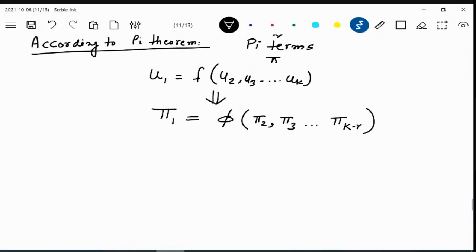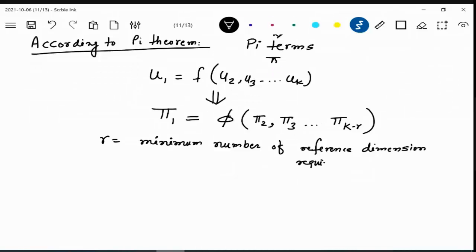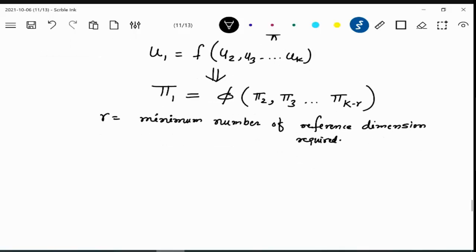So what are the terms here? r is the minimum number of reference dimensions required. Don't worry if you are not getting it right now, everything will be clear. What is the reference dimension?